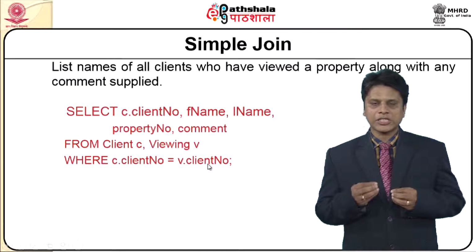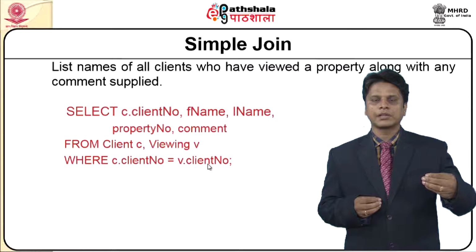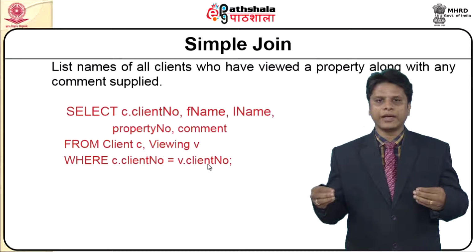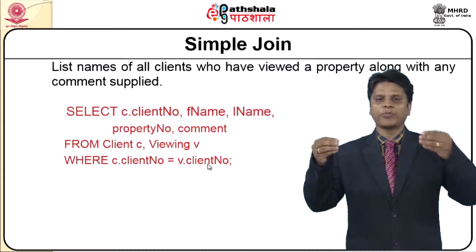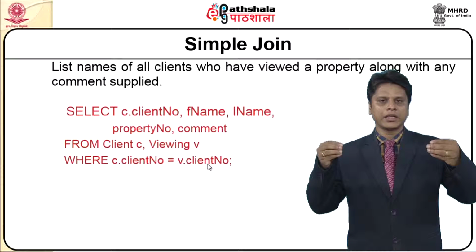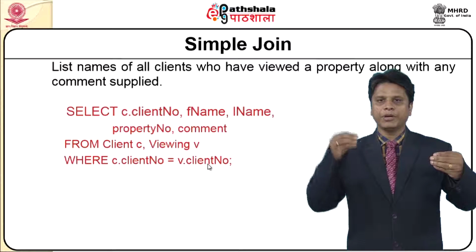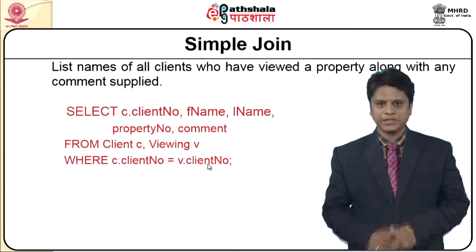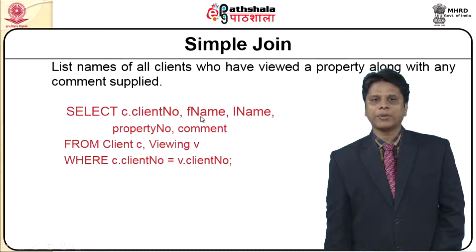So we check a simple condition on one table stored as C, client, and the other table stored as V, viewing, by looking at the client number of both tables. If C.clientNo and V.clientNo match, then it projects the client number, first name, last name, property number and comment.